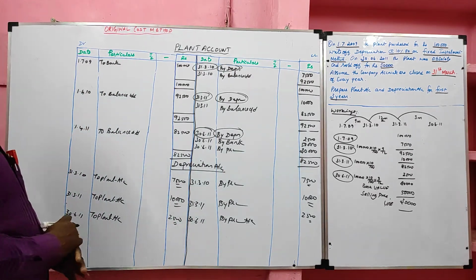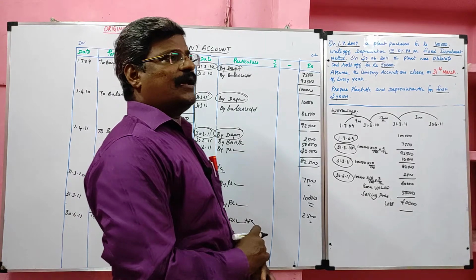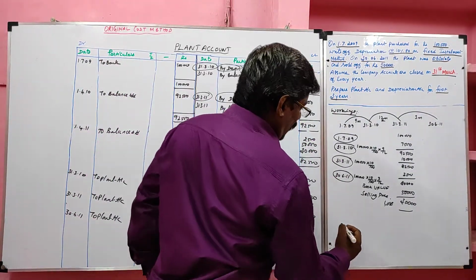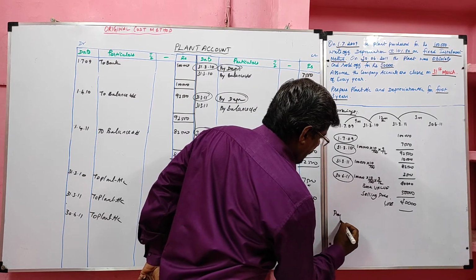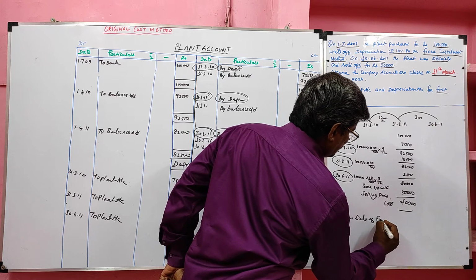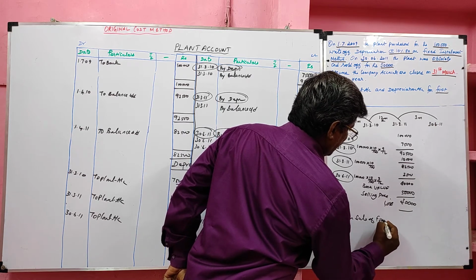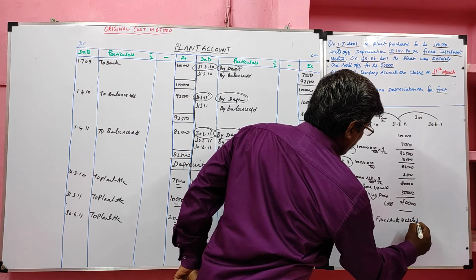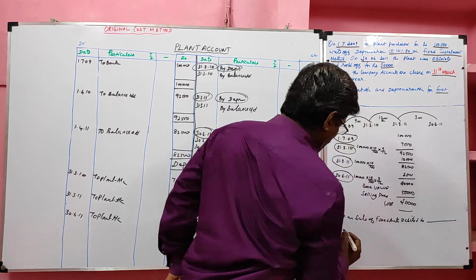Students, we completed two different problems. Here one more important question is: profit on sale of fixed asset debited to dash.